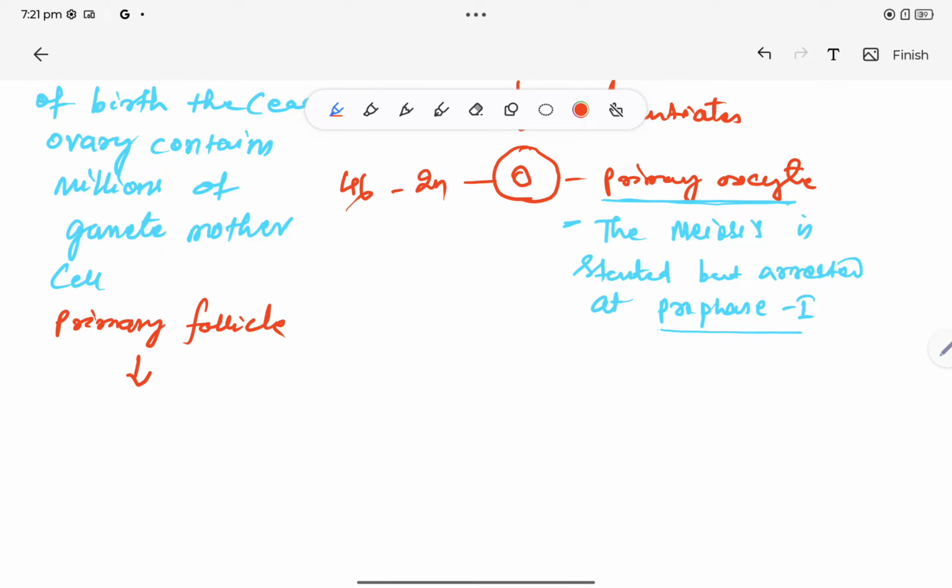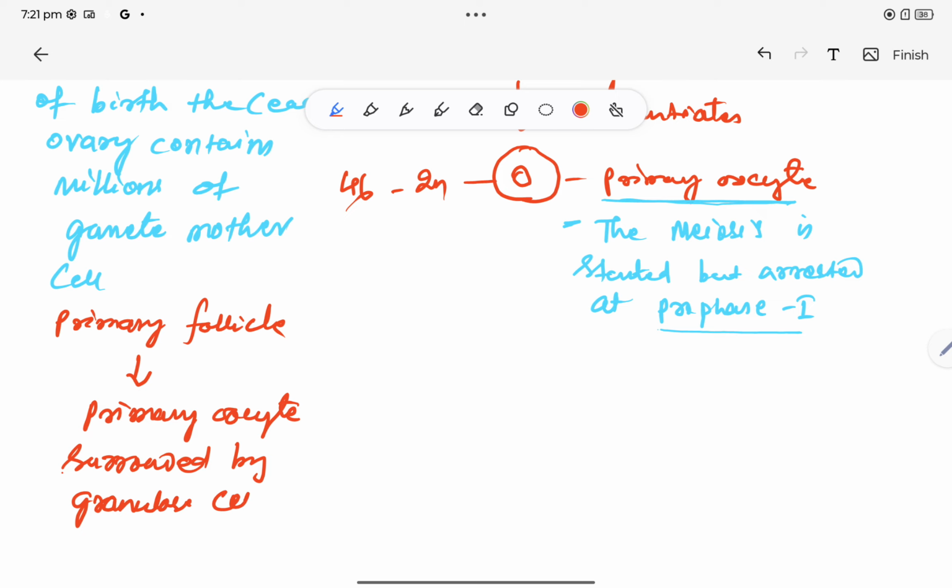It contains the primary oocytes surrounded by granulosa cells.